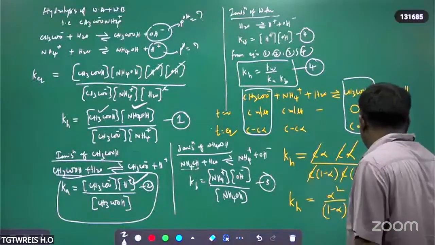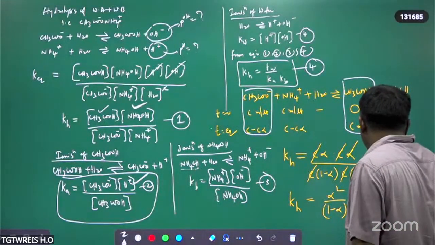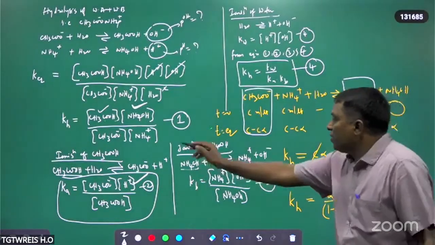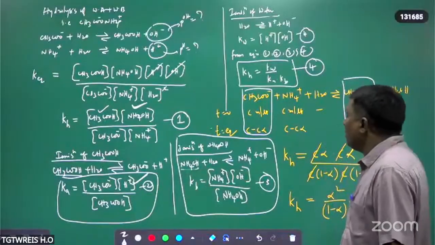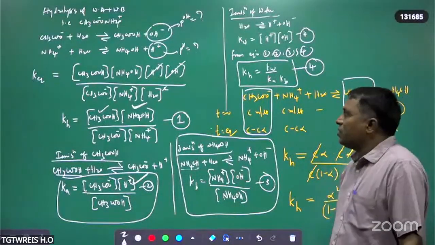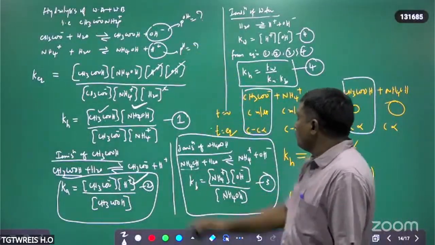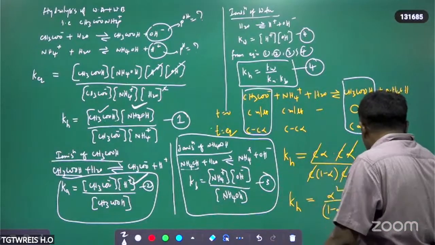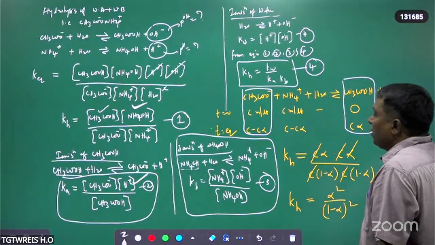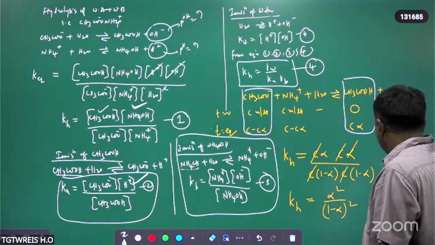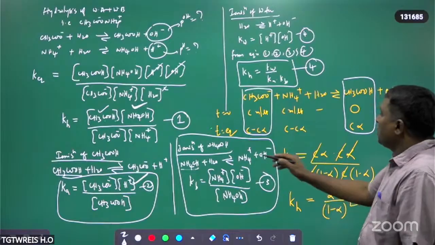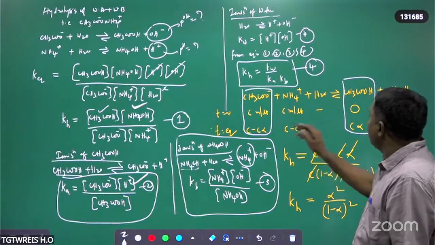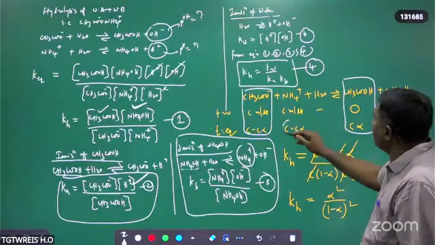By using that, we will get the OH minus followed by the pOH. This is from the third equation. We are finding the pOH. What is Kb? NH4 plus concentration is C minus C alpha.